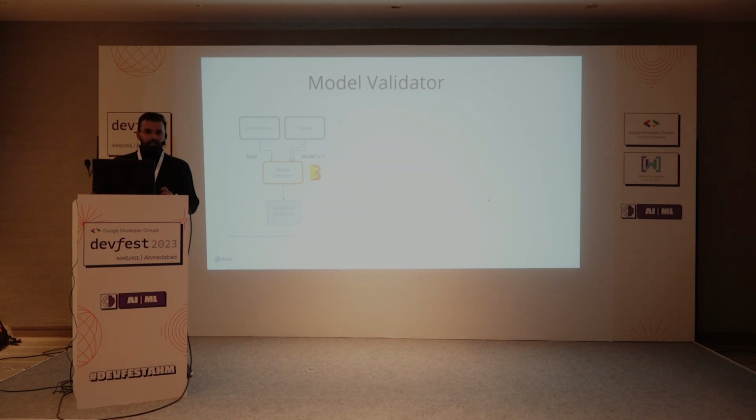Can you trust that accuracy? Anyone, why? Sorry? It could be overfit, but the fundamental problem is the test data. Out of 100, 99 were cat images, one was a dog image.